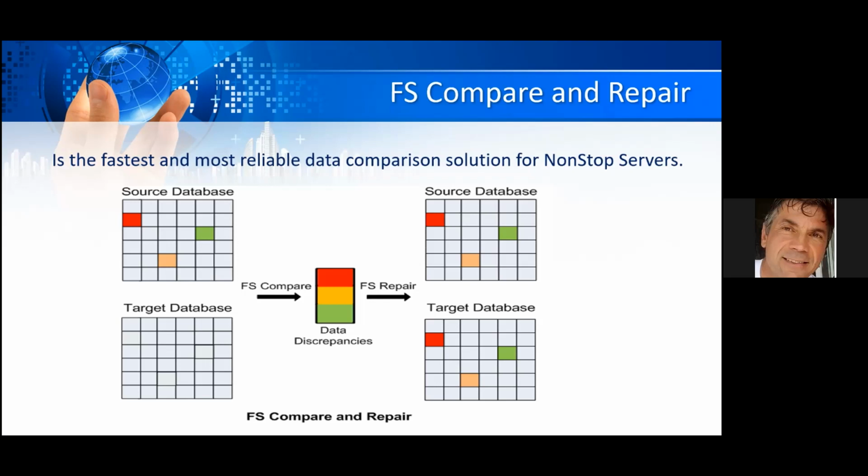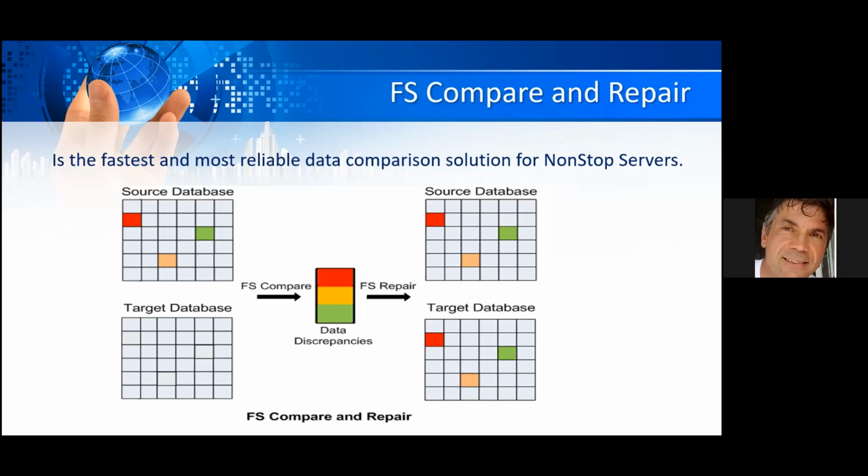When a true data discrepancy is detected, FS Compare is able to drill down and display the exact record, key, and field or column data discrepancy for both source and target files. FS Repair allows you to update and correct target file discrepancies for all nonstop file types.